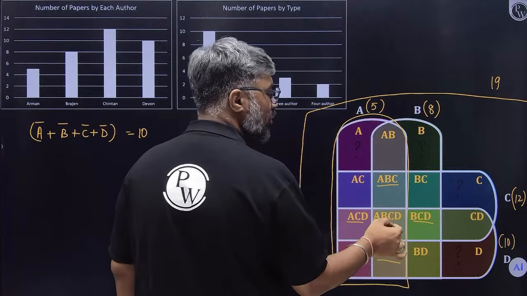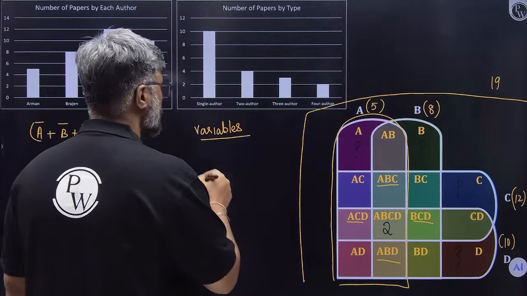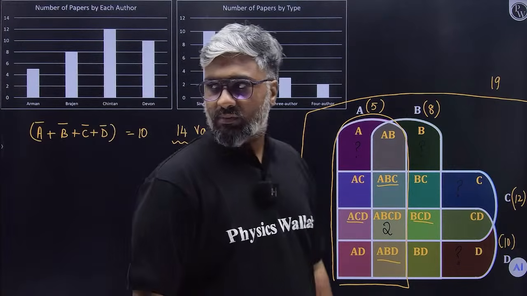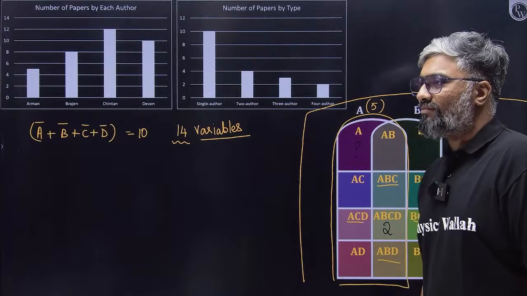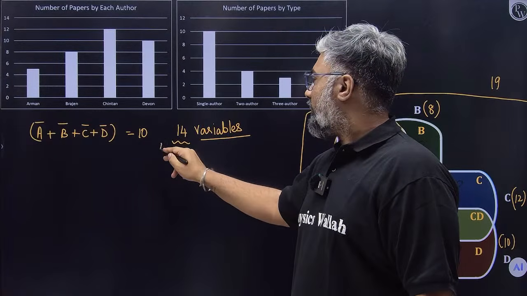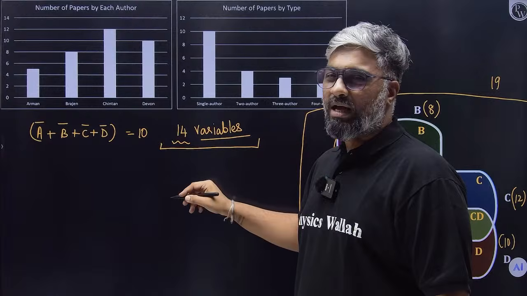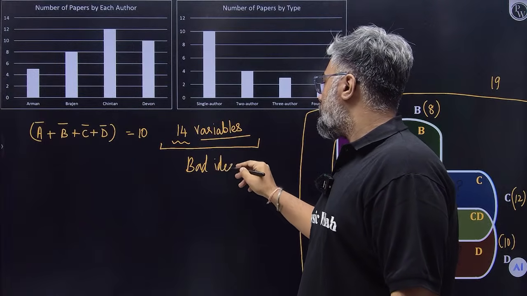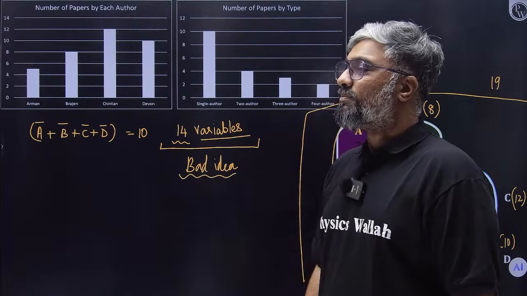Out of 15, I know 1. So 14 variables. Do you think 14 variables is a good idea? Yes or no? Definitely not. 14 variables is definitely a bad idea. So what's the best way to solve this then? What's the best way to solve this?